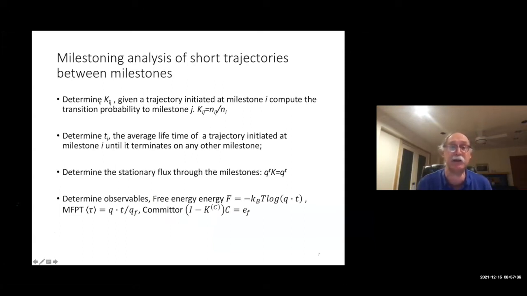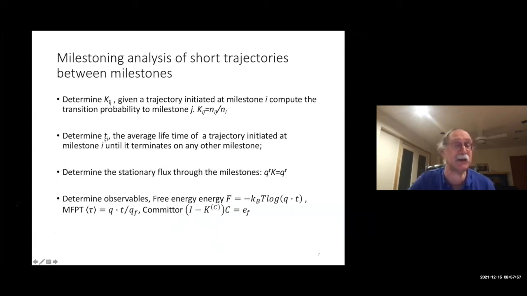This is the probability that a trajectory that starts at milestone I will hit milestone J for the first time. In the language of trajectories, it is essentially the number of trajectories starting from I and ending at J, divided by the total number of trajectories starting at I. This is our estimate of Kij.